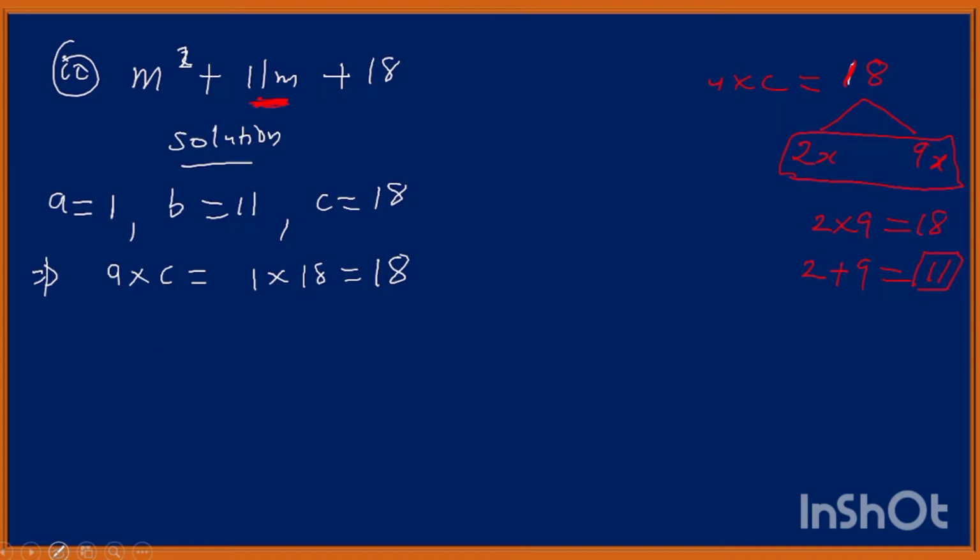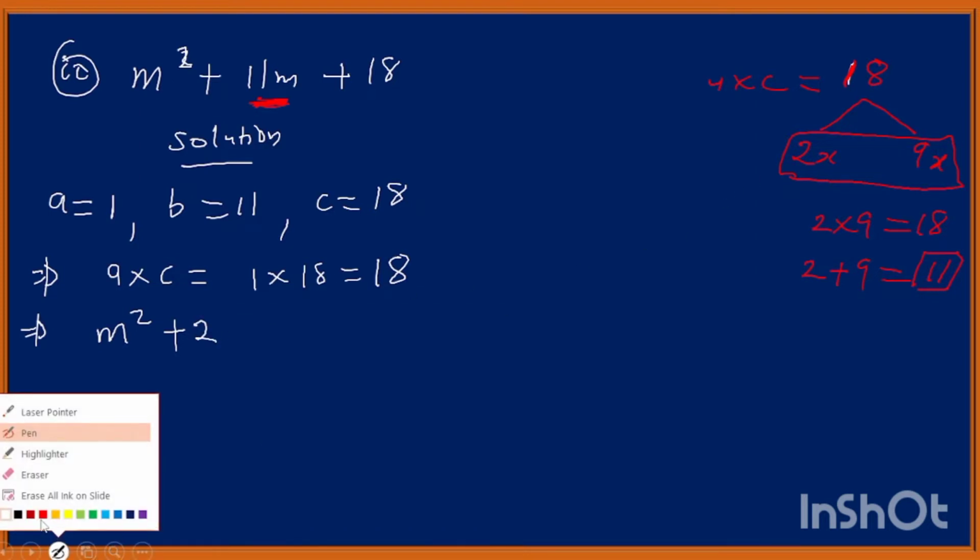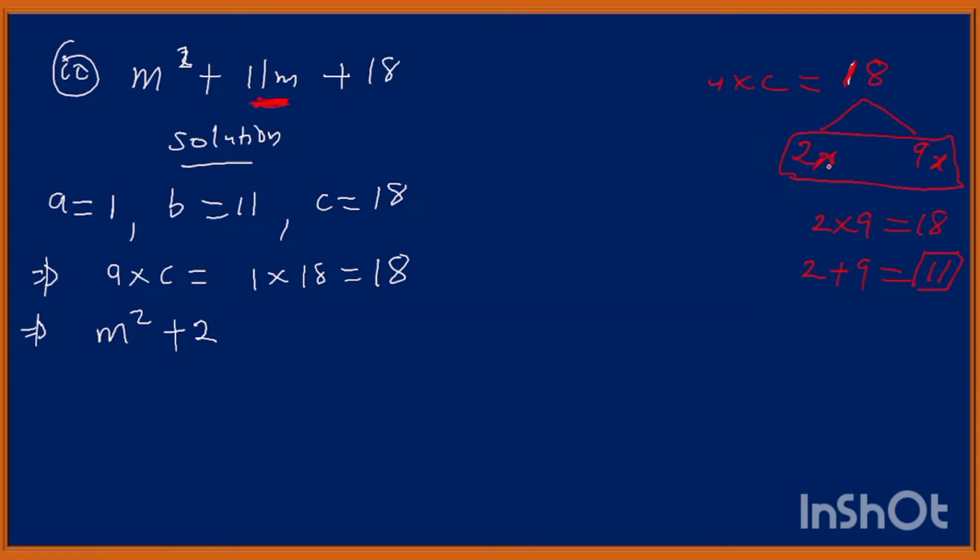So let's do that. That will give me m squared plus, in place of 11m, 2m plus 9m. I'm very sorry, we are dealing with m, not x. I'm getting too used to x.